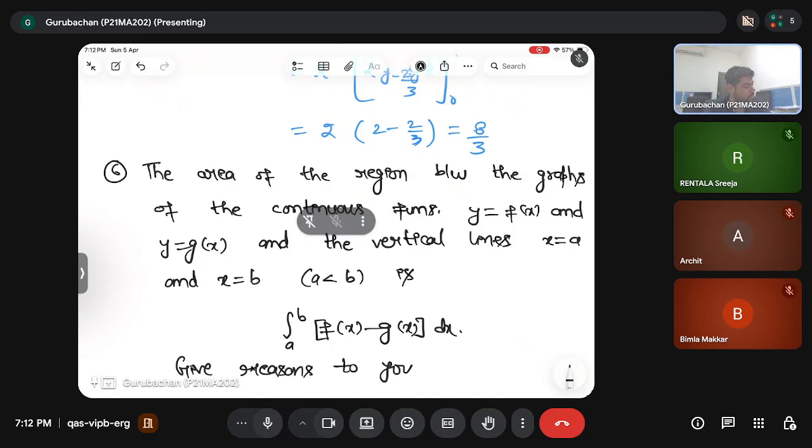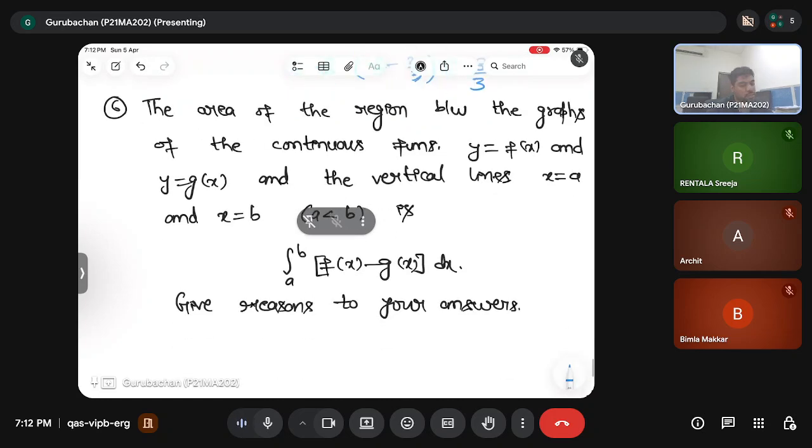Your answers. We have been told that we are trying to calculate the area between the two continuous functions y equal to f(x) and y equal to g(x) and x equal to a and x equal to b. So is its area exactly this quantity, or can it be something different? You have to tell me the reasoning.